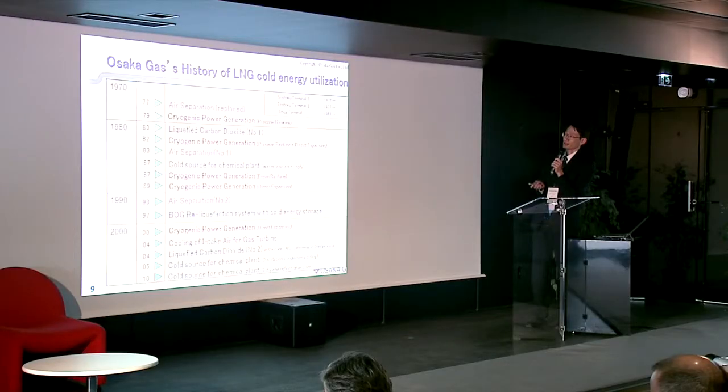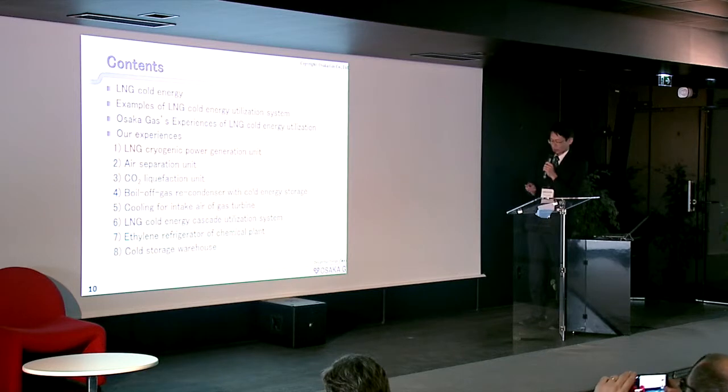This is a propane Rankine cycle system, and is now running. This is the world's first cryogenic power generation. Third one is liquefied carbon dioxide and so on. There are 5 cryogenic power generation units and 3 air separation units, and so on. Next, I will explain about each cryogenic energy utilization system.